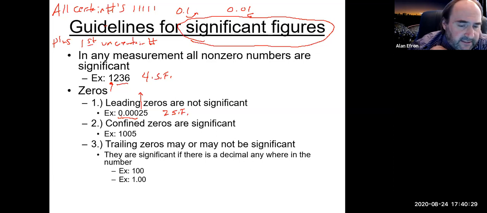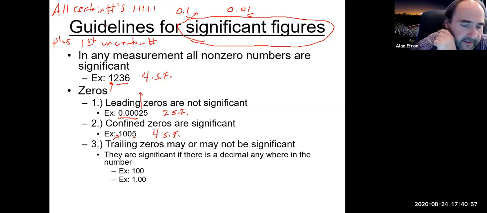So if we look at this number here, we would start counting at the 1, as the 1 is a non-zero. So that is our first significant figure. The 2 zeros that are trapped in the middle there are also going to be significant because they're trapped between 2 non-zero numbers. And then the 5 at the end will also be significant, which means that this guy would have 4 significant figures in this particular number.